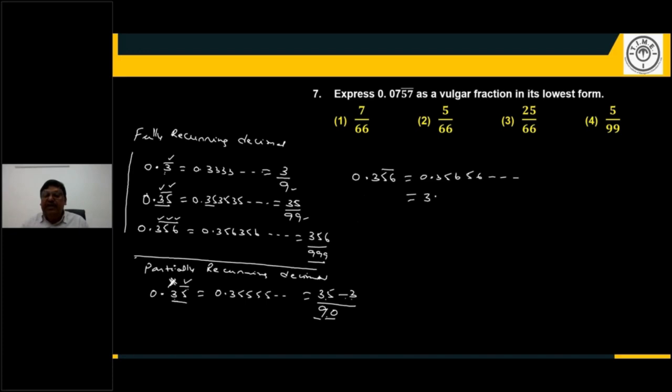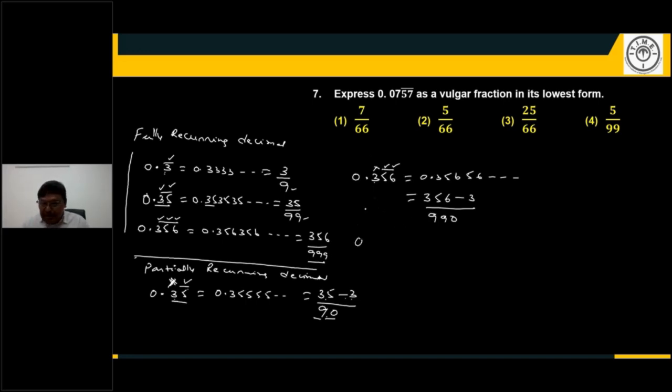I said 356 minus, what is the non-recurring part? Non-recurring part 3 by, how many digits are recurring? 2 digits. So 2 nines, followed by, how many digits are not recurring? 1 digit. So 1 zero. You can simplify that. 353 by 990, you write it, cancel it, whatever is possible.